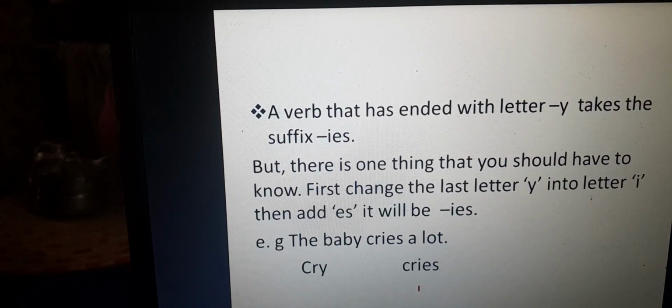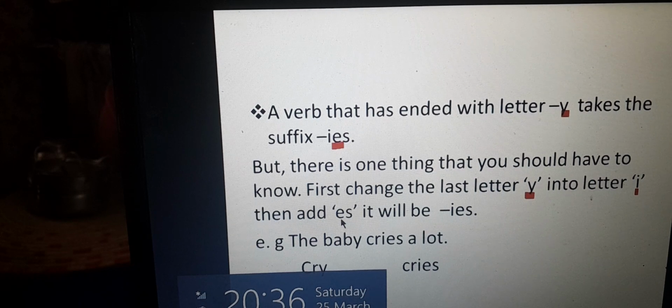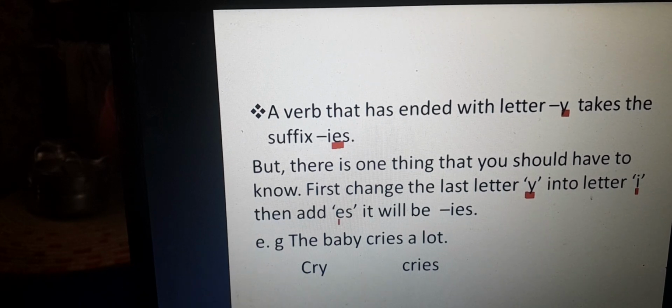Okay, now a verb that ends with the letter y takes the suffix ies. But there is one thing that you should know. First, change the last letter y into i, okay, and then add es, and it will be ies.